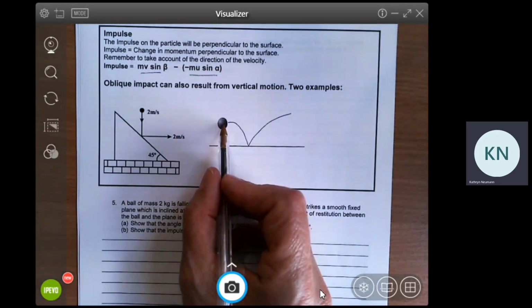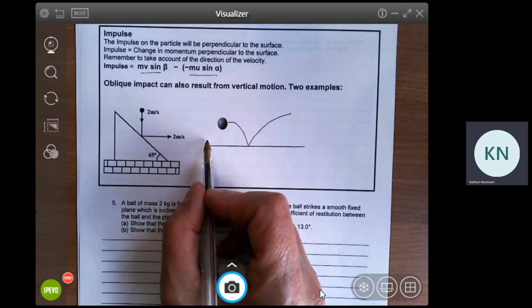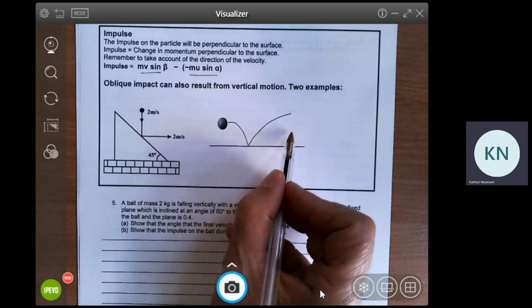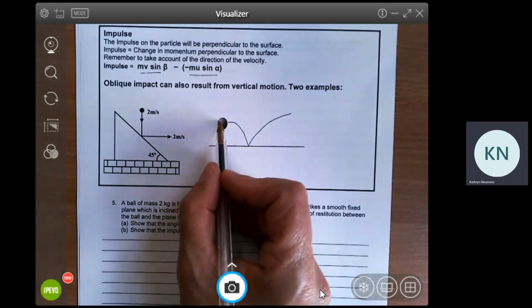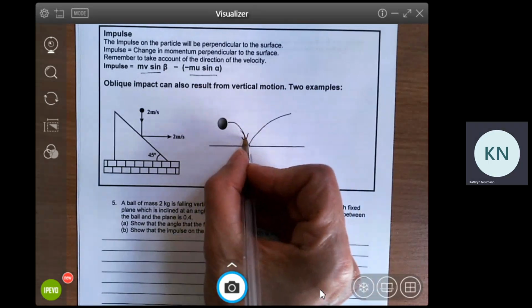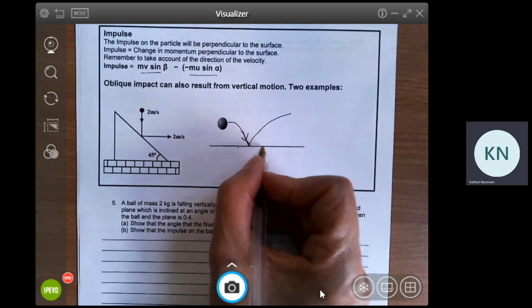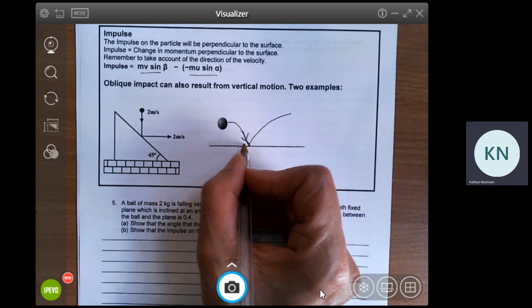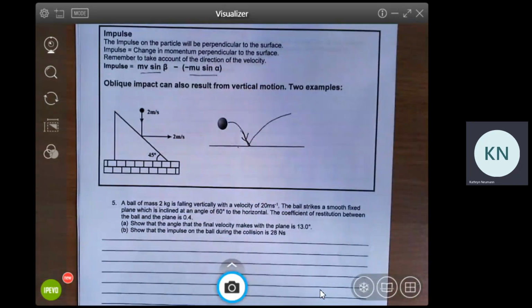The other way that oblique impact can happen is if you bounce something and it's bouncing along, possibly like this, bouncing and bouncing. As it approaches here, it's got a velocity at an angle to this surface. So this would be an example of oblique impact of something bouncing along the ground.